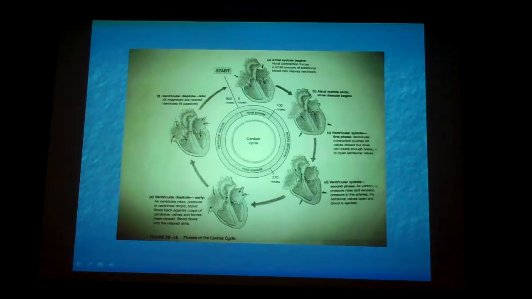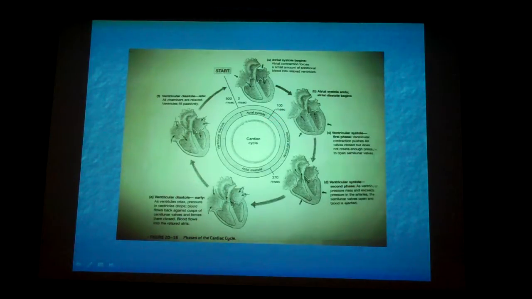All right. When this heartbeat starts right here, what do we have? The atria are contracting. Atrial systole. The atria are contracting and emptying themselves of the blood that hasn't yet passed passively into the ventricles. We come down here to 100 milliseconds.